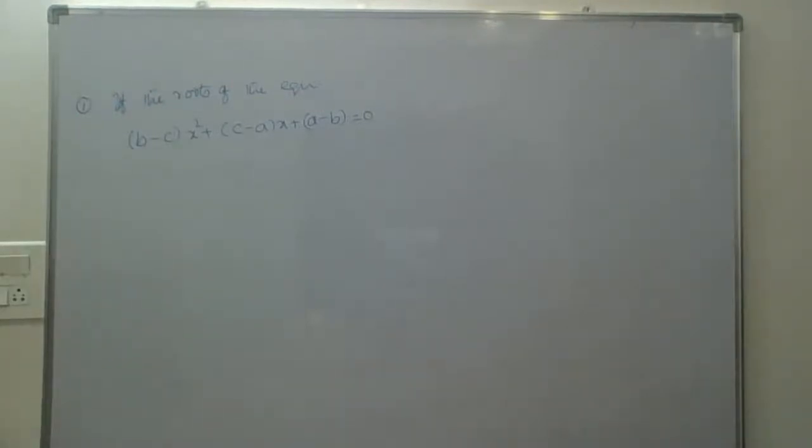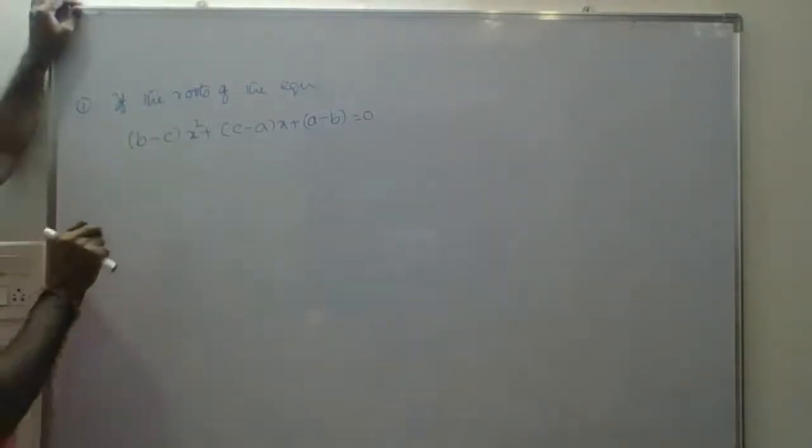The roots are equal. కానీ మనం ఫస్ట్ రాసాం the roots of the equation are equal అంటే discriminant is equal to 0 తో చేయకూడదు. సో ఎలా చేయాలి చూడండి.